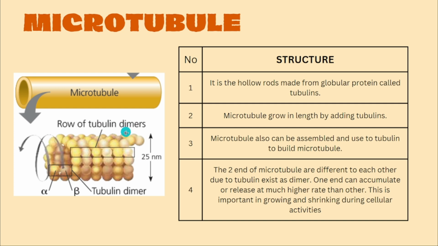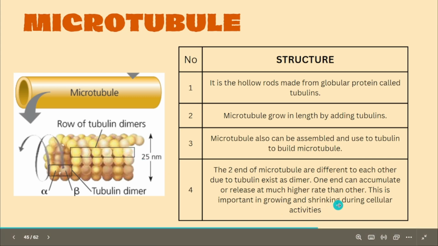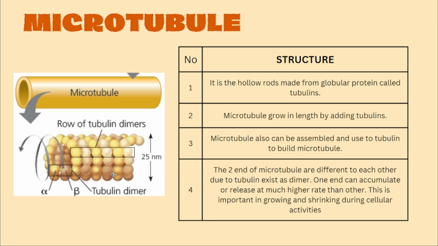Normally, at one end it can accumulate or release at a much higher rate than the other one. So this is very important for growing and shrinking during cellular activities. When your cells need to grow, need to increase in size, this tubulin structure is very important.